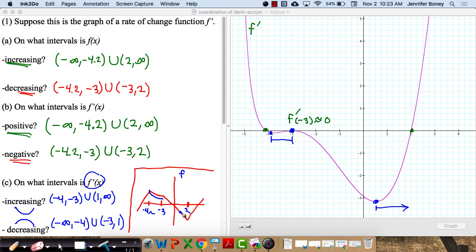So maybe from about here, I'm going to make this curve upward. So just kind of going with the same patterns of up versus down, but making it curve a certain direction. And then in between, I've got to have this curve downward here. And it does have to connect, but I'm not very good at making my pen go where I want it to. And then before negative 4, I was curved downward, and also this is where the function was increasing.